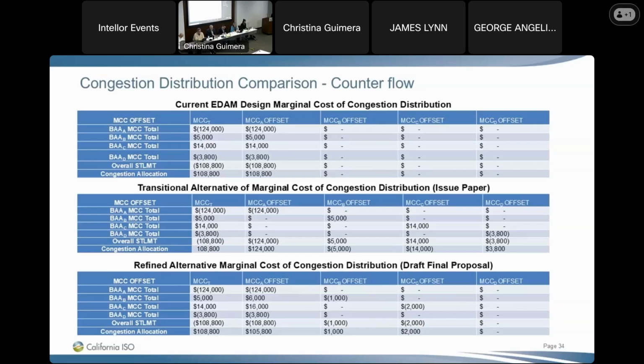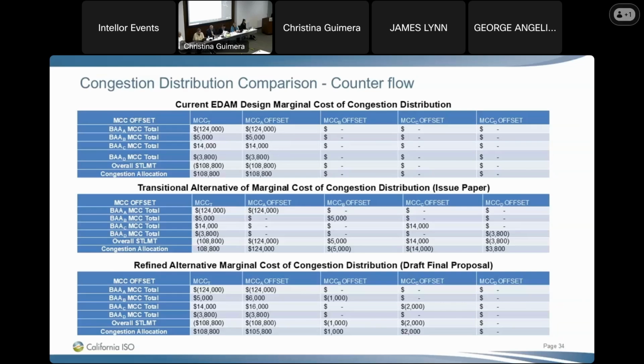Since my generation was dispatched more than my load, there was $5,000 of congestion rent that had to be collected in order to make that BAA balance. So it was $5,000 charged to BAB. The BAC, there was $14,000 that was going to have to be collected from that BAA to account for the overall generation dispatched. And BAD, I collected $3,800.